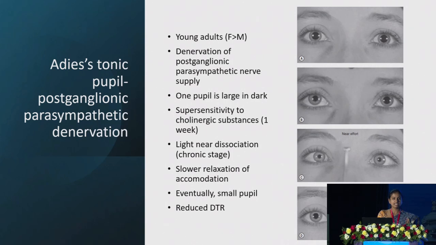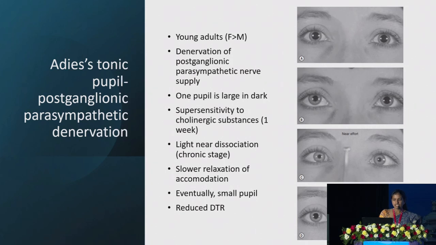Now this is a feature of acute Adie's tonic pupil, but in cases of chronic tonic pupil, you will have a bilateral or unilateral small pupil. An associated systemic feature is reduced deep tendon reflexes.